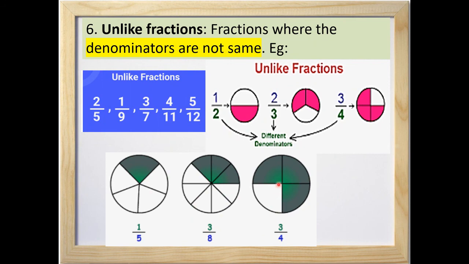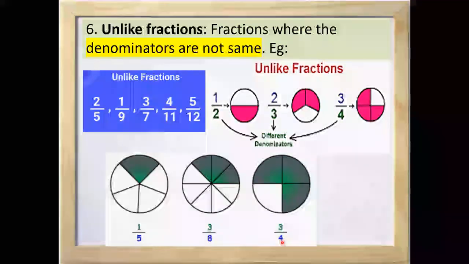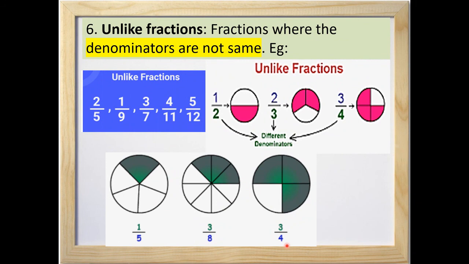And in the third figure we see 3 parts out of 4 equal parts are shaded, so it is given by the fraction 3 by 4. You can easily see that the denominators are different. Here it is 5, here it is 8 and here it is 4. Since the denominators are different, we call such fractions unlike fractions.